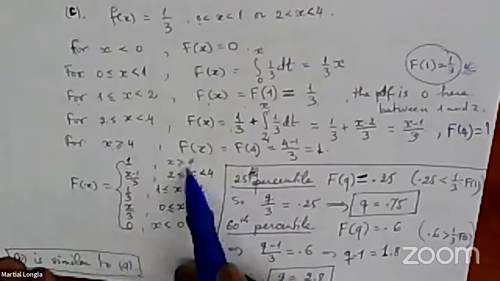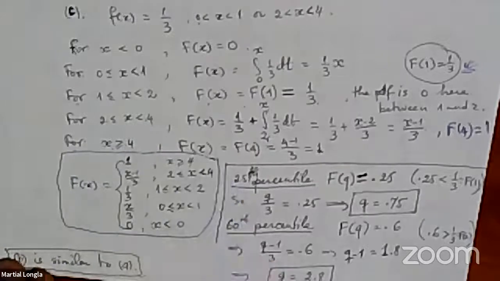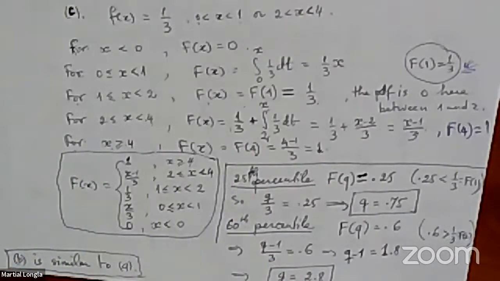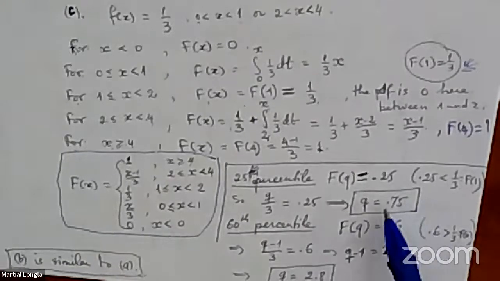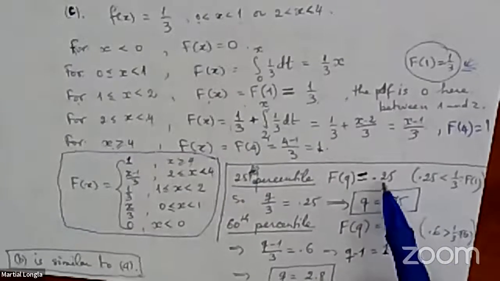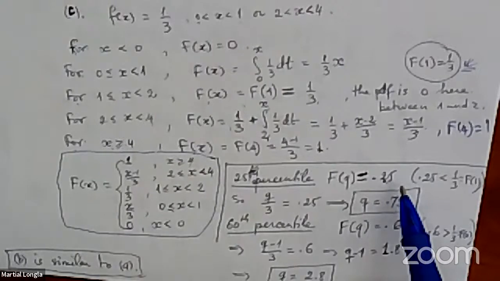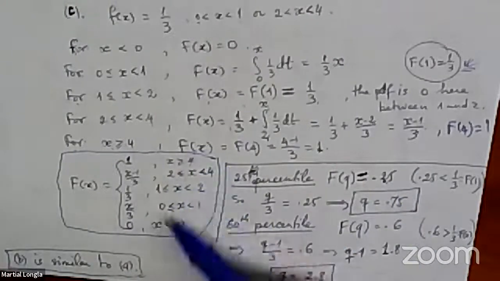And then again, when you finish, make sure you put all of that in the definition of the function. And here also, I took time to compute the 25th percentile and the 60th percentile. You can see how it works here. If I'm looking for the 25th percentile, I need to know if it's going to be before 1 or after 1, because there is a different formula for f of x on the intervals.